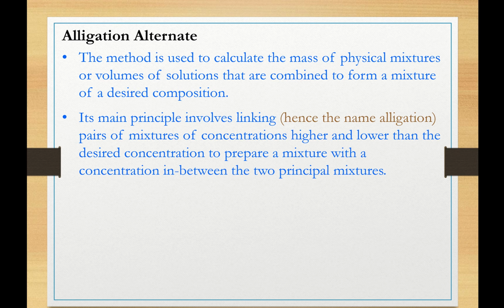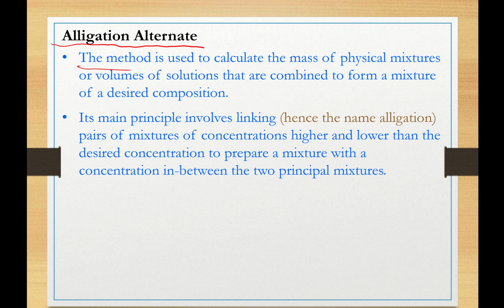So this is a much more complicated method. It does bother a lot of students because of the way it is described and the empirical nature of it. This method is used to calculate the volumes of solutions that are combined to form a mixture of the desired composition.